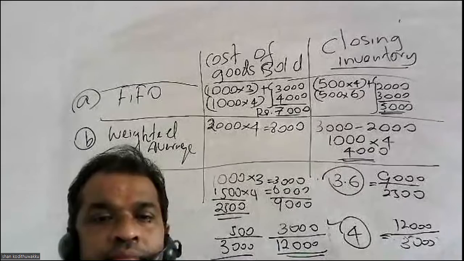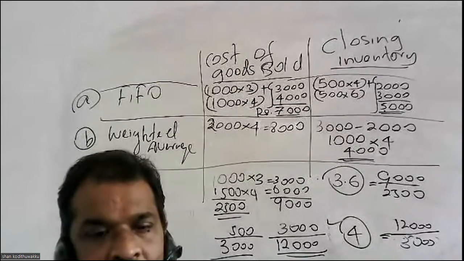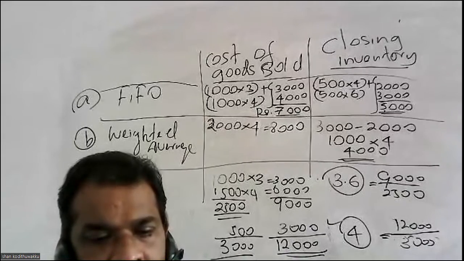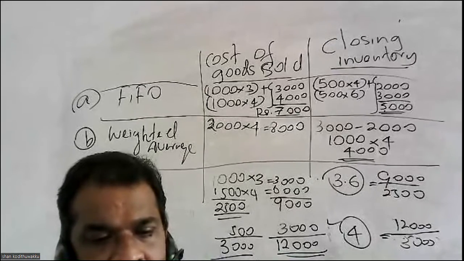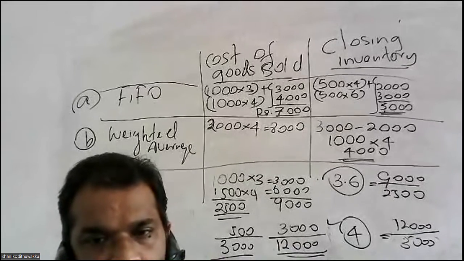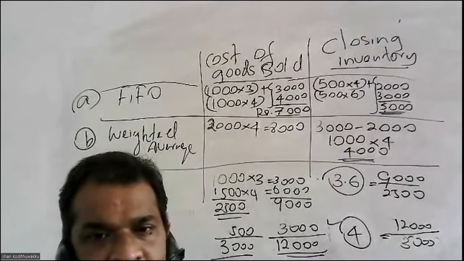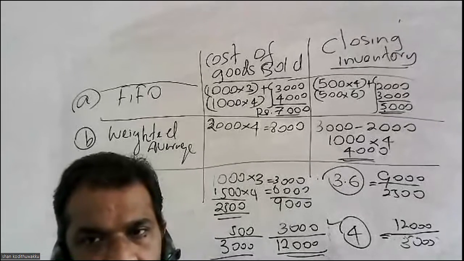And closing inventory: just before the sale of 2,000 units, we had 1,000 from opening stock, 1,500 from the first purchase and 500 from the second purchase. Altogether, we had 3,000 units. From 3,000 units, we sold 2,000 units, so the balance will be 1,000 units. Then we calculate 1,000 units at the latest average price 4, that is 4,000. That is how you can get the answer.